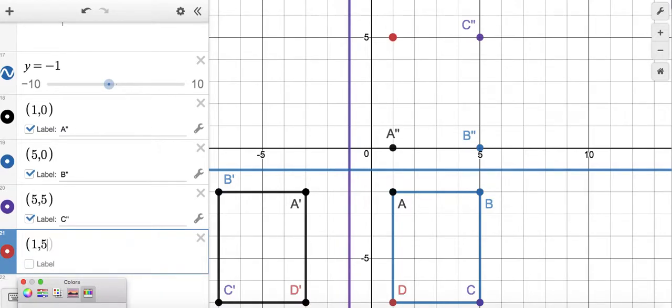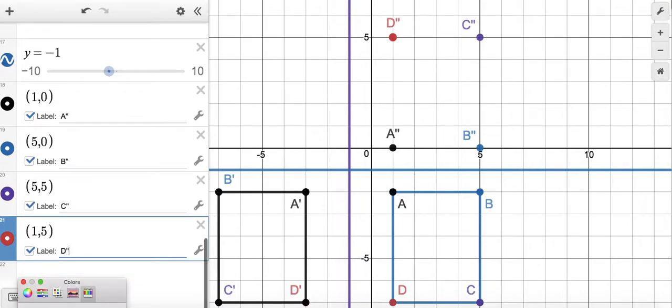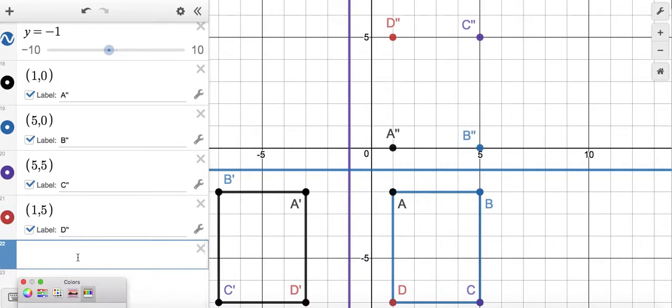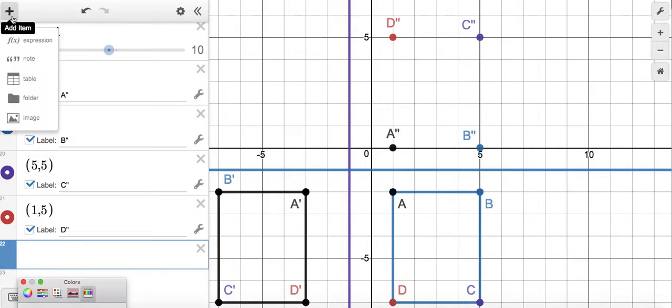So I'm just eyeballing it, but as you can see, I didn't look at the axis correctly, so I could tell immediately that there was an error. We're going to call this D double prime. Then we're going to go ahead and connect those. So let's add a table.